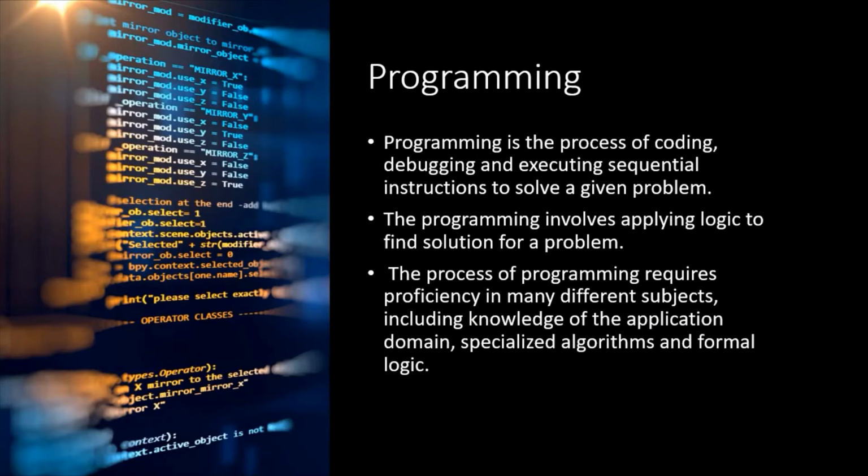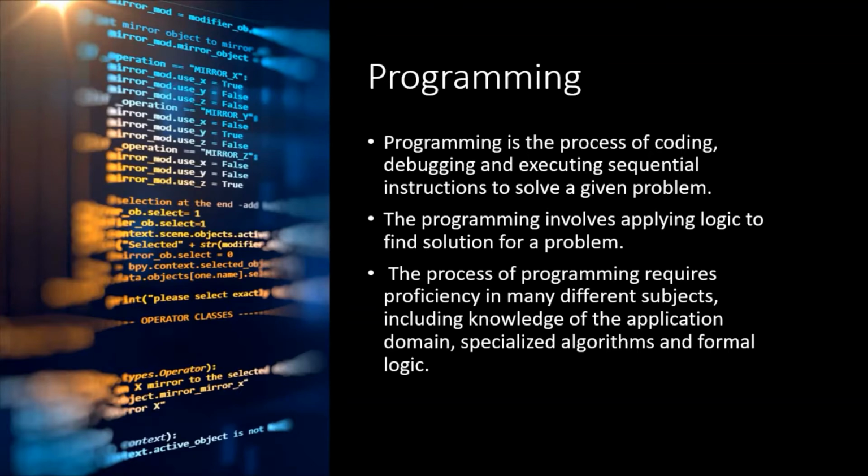We can use different programming languages to code the program such as C, C++, Java, C#. In this semester, you will be learning programming language C. Once the program is coded, next step is debugging. So debugging is the process of checking for errors.